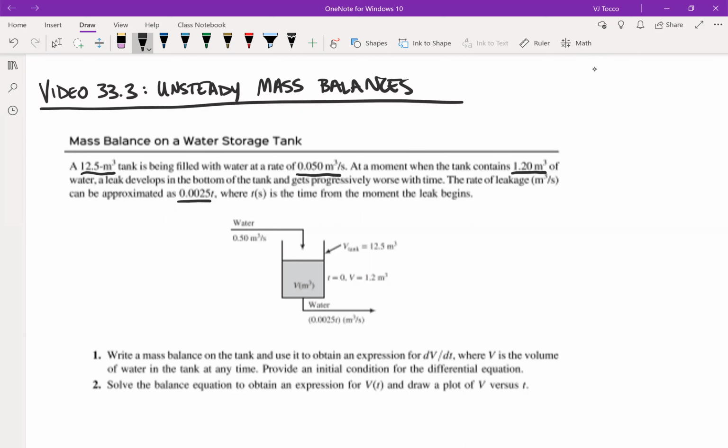A couple of things. I've underlined the values that are given in the problem statement, and the book actually goes through and gives you a process flow diagram here, where the things I was underlining are the things I'm picking out of the problem. So the overall volume of the tank is 12.5 meters cubed. It's important to note that the volume of the tank is not necessarily the same as the volume of water within the tank, because unless the tank is full or overfilling, the volume of water will be less than the overall volume of the tank.